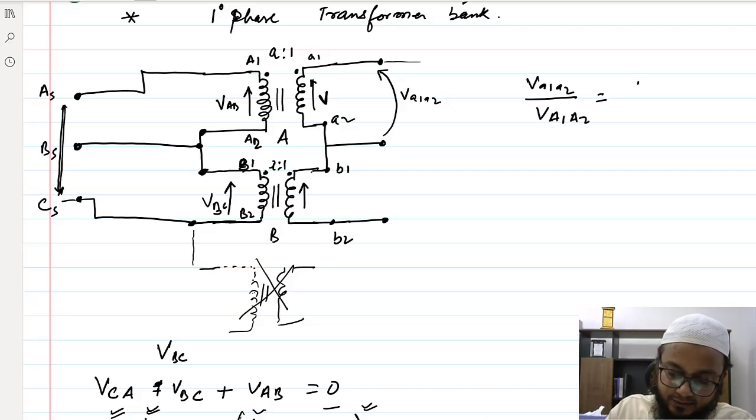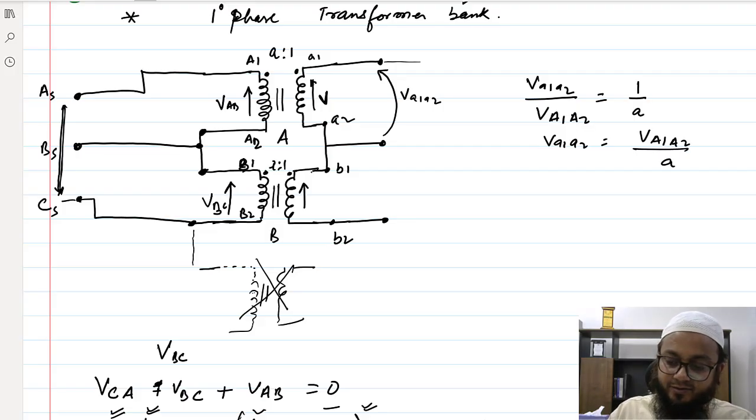This is 1 by A. So VA1,A2 is the primary voltage upon A. And if this is the line voltage, for the line voltage I am generally writing root 3 V at an angle of 30 degrees, so this would be root 3 V at an angle of 30 degrees upon A.